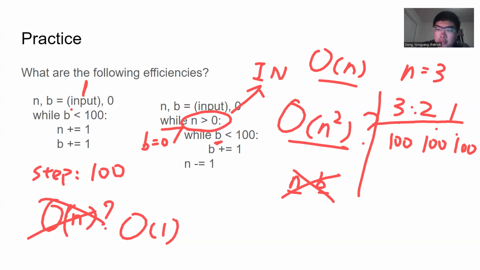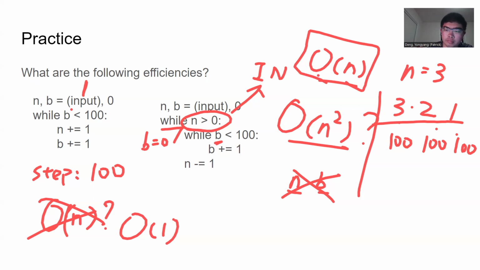So I think the inner while loop has nothing to do with the input. The input will not affect the number of operations for the inner while loop. If every time you run the outer while loop, you have to run 100 times for the inner while loop, it's only big O of n.